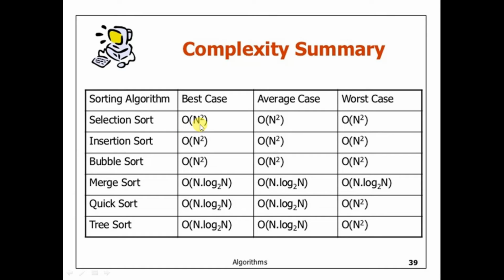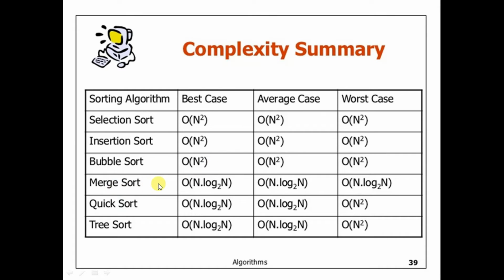Why so? Because it uses two loops, one inside another. Here n is the number of input data, the number of elements. So you have used two loops. That's why the best case is n square. Average is also n square. Worst is also n square. Similar in the case of insertion sort and bubble sort.